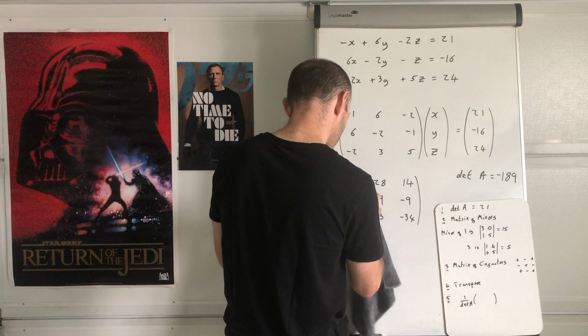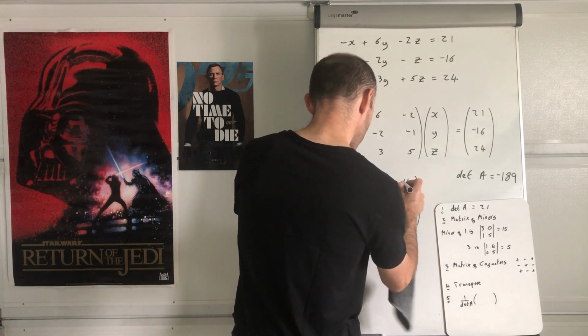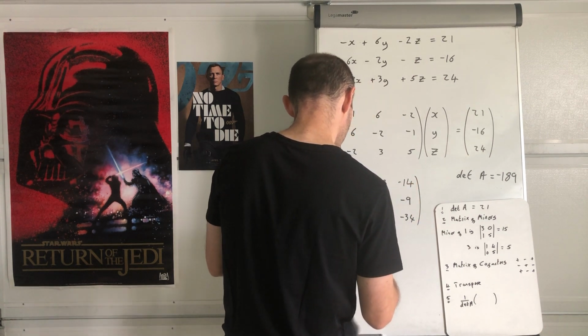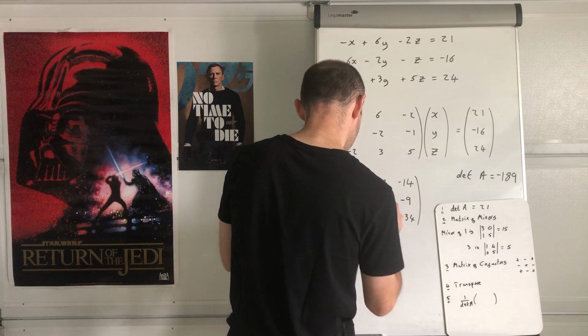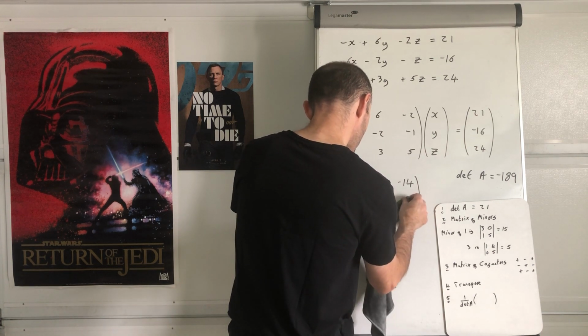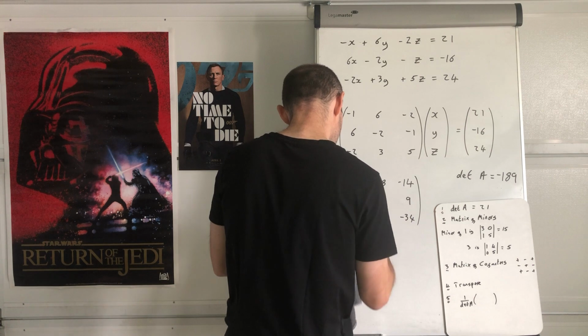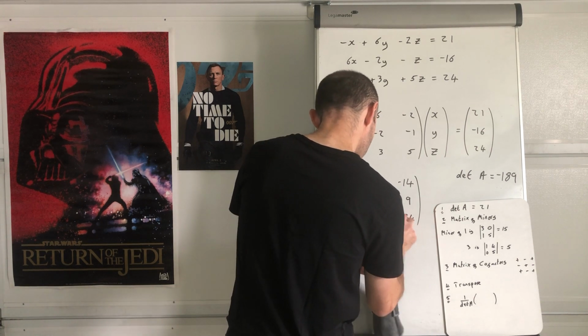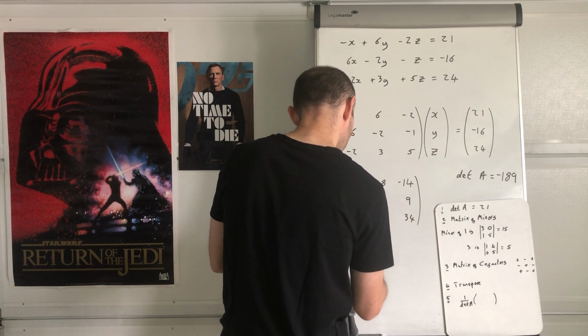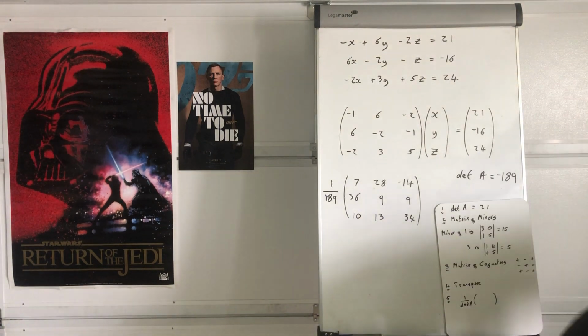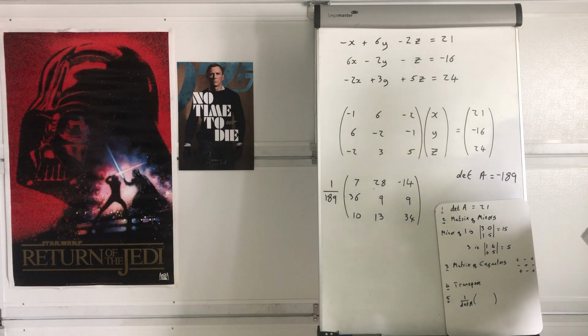Negative, negative, negative. Then do these. Negative, negative. Get rid of that. And then these, gosh, they were mostly all negatives, weren't they? Let's just check that, see if that's right.